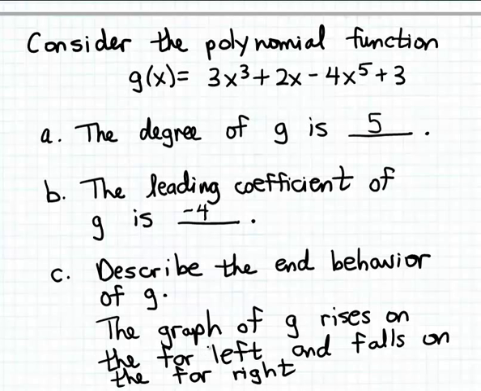I'd like to say far left and far right, but you might, in describing the end behavior, just say the graph of g rises on the left and falls on the right.